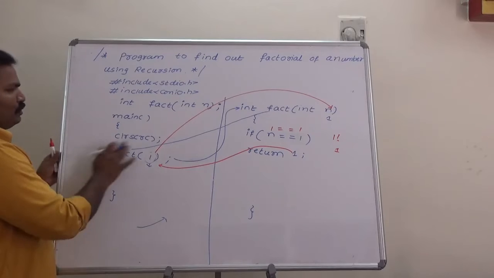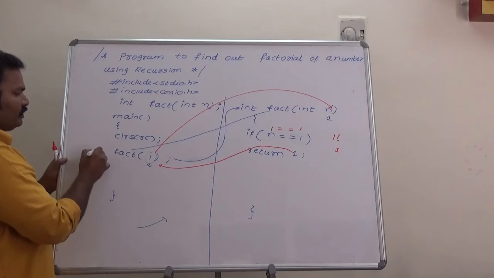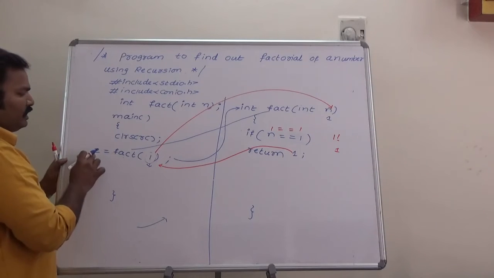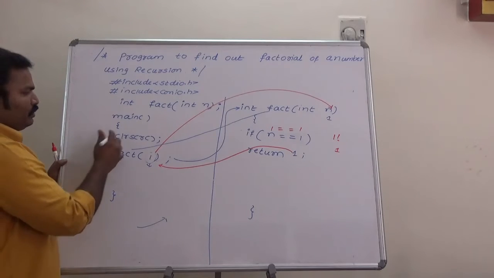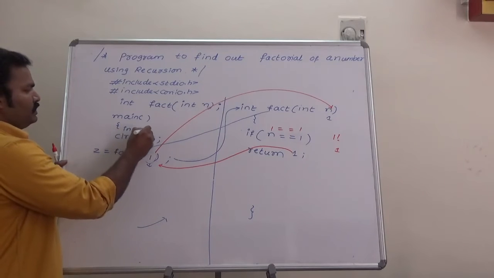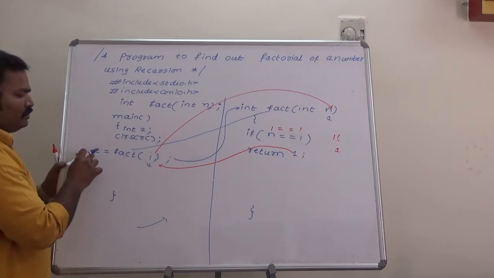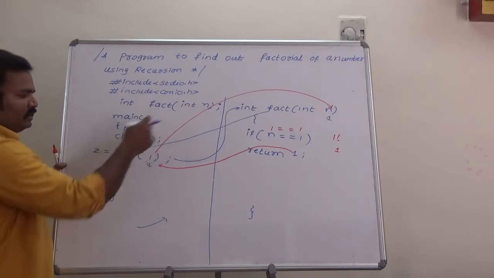We have to hold that value, so I am using the z variable. Variables must be declared before they are used in a program: int z. Now the z variable can hold 1.